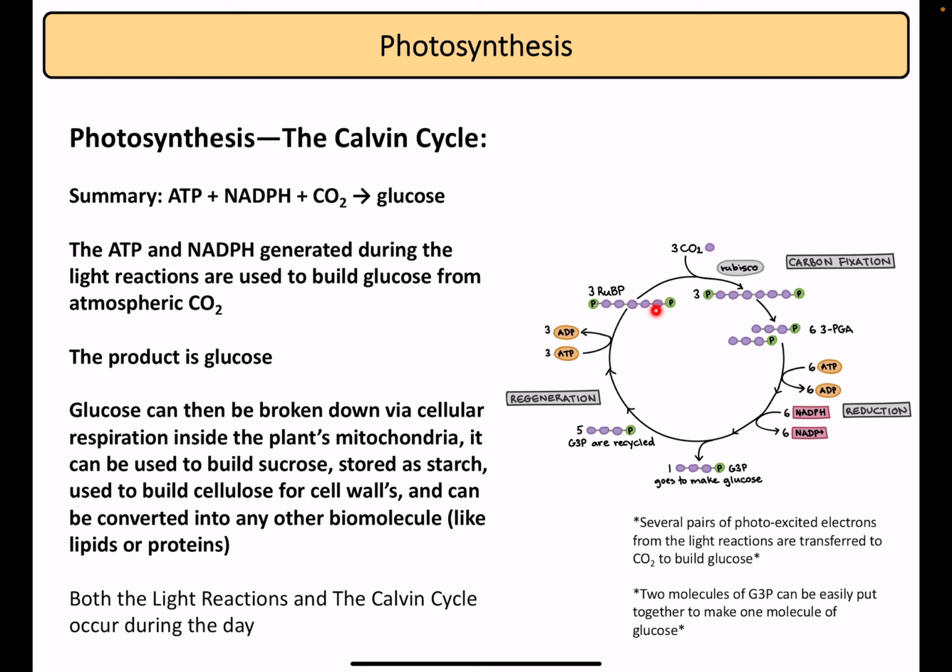We wouldn't have carbon for all of our biomolecules if we didn't do this step. Not we, but plants. And this first step of the Calvin cycle is called carbon fixation.